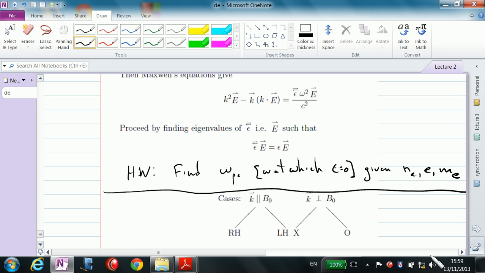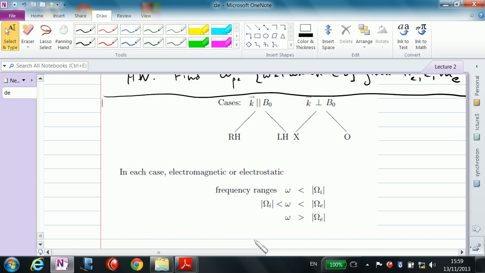Square root of 4 pi n e squared over m. You think? Okay, good. When you're sure, write it down and hand it in. This is the answer. And while you're at it, you can derive it so that you'll be sure.